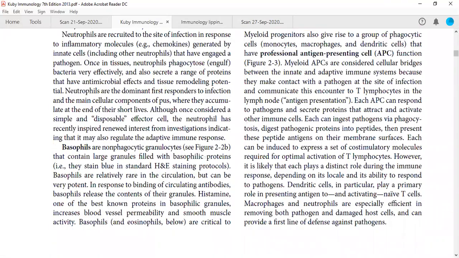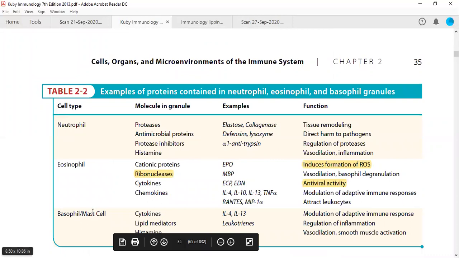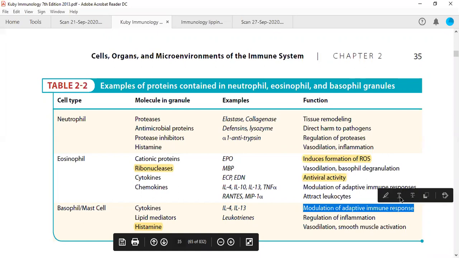So see this diagram, this table first, so that I will tell you. The basophils and mast cells have histamine, and histamine is a kind of molecule which helps in vasodilation and smooth muscle activation. Also, they have some cytokines, interleukin 4 and 13, which can modulate the adaptive immune responses, which the neutrophils are unable to do.